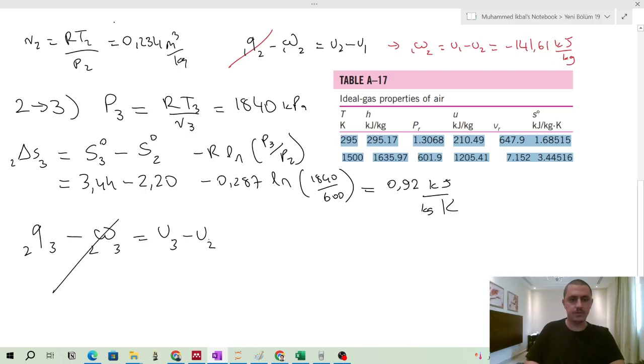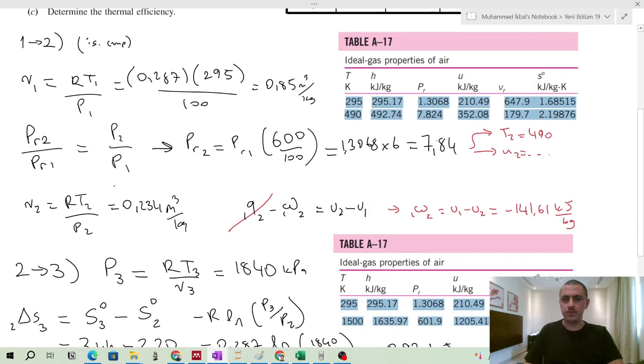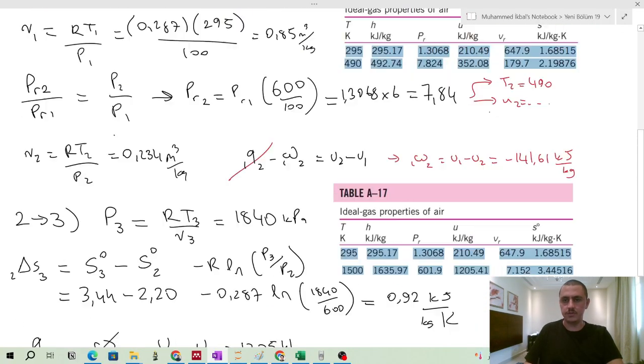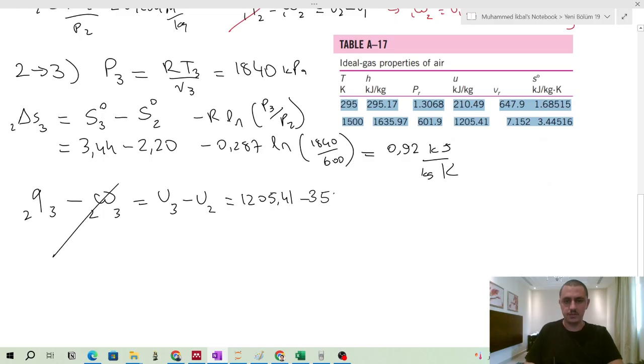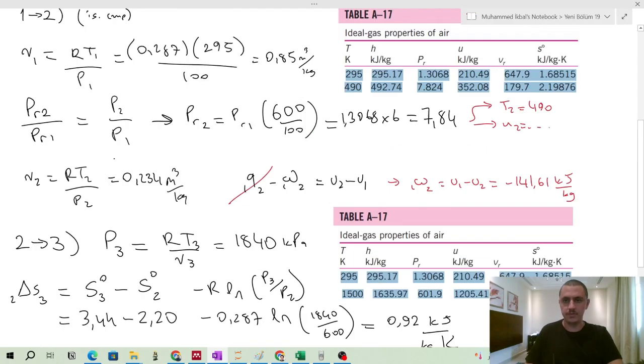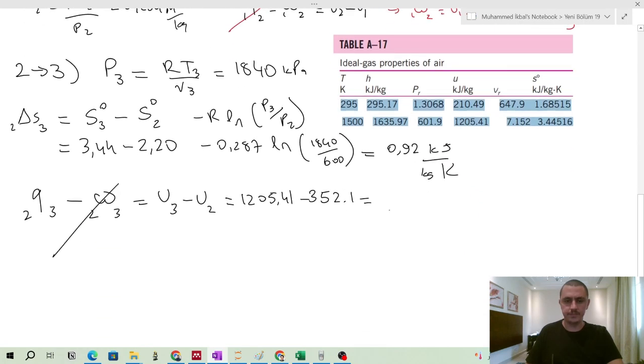So this will be equal to 0. So Q from 2 to 3 is just equal to the specific internal energy change. U2 is just this value, right? 352.1.